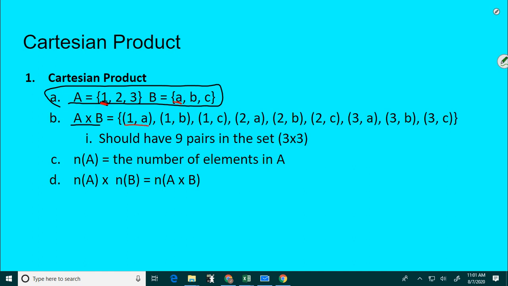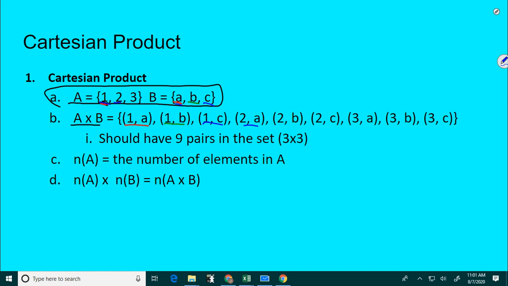And then I do 1 in B, 1 color, 1 in C. Okay, and then you just go to the next one. You go 2 in A, 2A, 2B, 2C, and so on. You're just basically matching them all up. There should be 9 pairs.